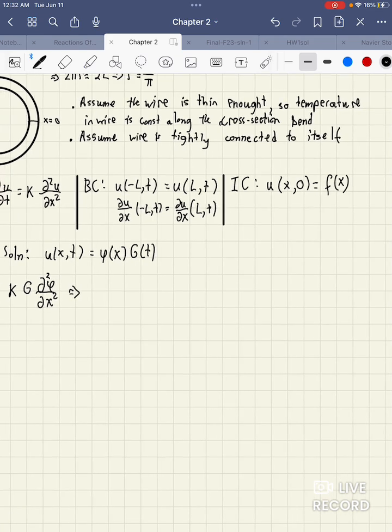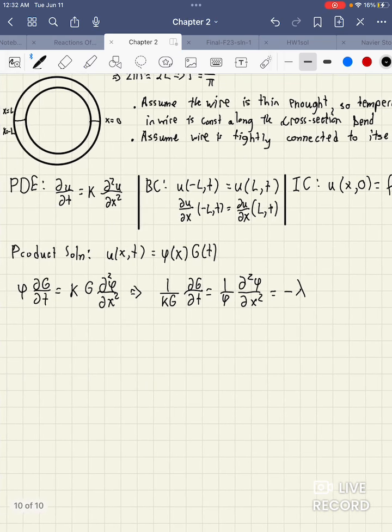We get 1 over k g, partial g partial t, is equal to 1 over phi, second derivative of phi with respect to x squared, and that's equal to our eigenvalue, negative lambda.